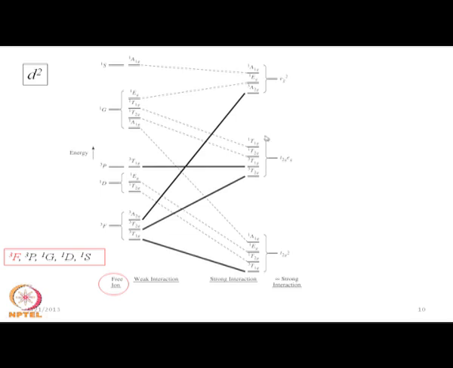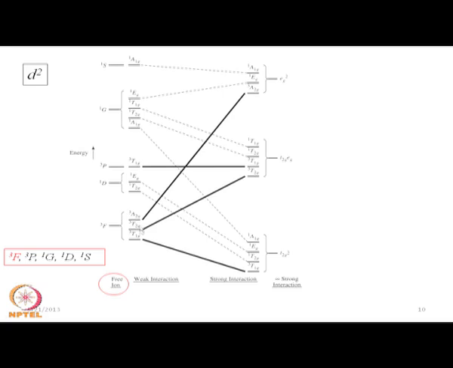So, if we have the 3F term, which is true for say vanadium 3 plus, which is a D2 electronic configuration, this 7-fold orbital degeneracy cannot persist in the octahedral crystal field. So, it will split into 3 new electronic states.